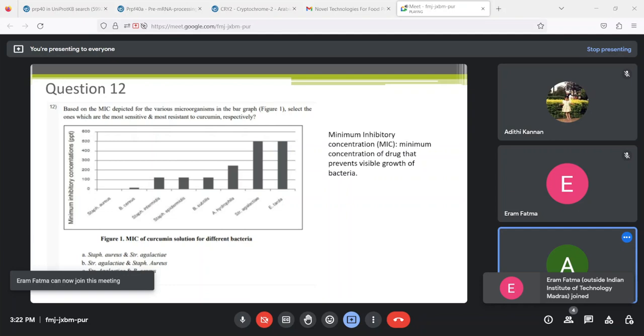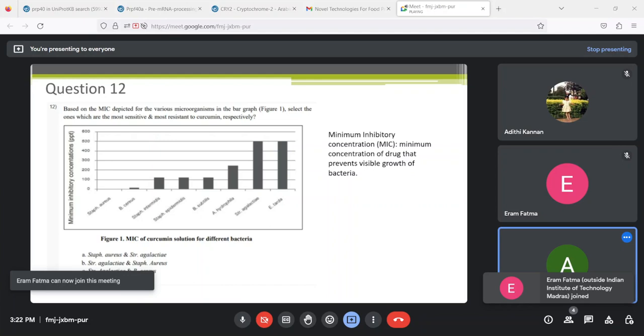There might still be growth, but it will prevent the visible growth of bacteria. The minimum concentration of the drug required is known as MIC. So the lower the MIC, you can say either that the drug is more potent or the bacteria is more sensitive to that drug.